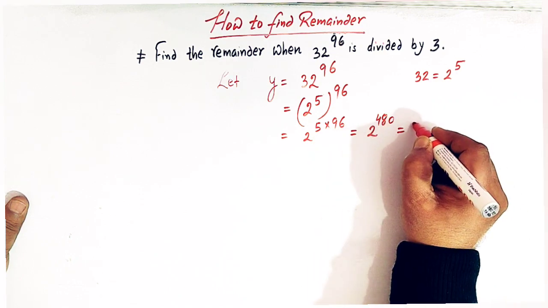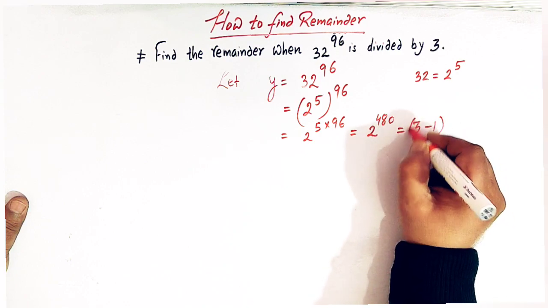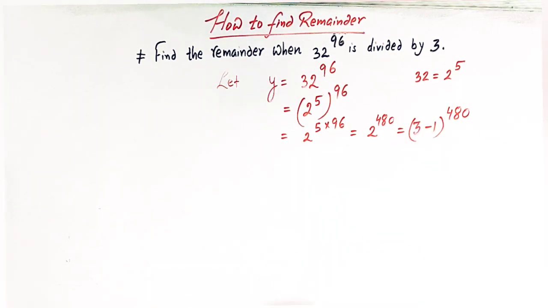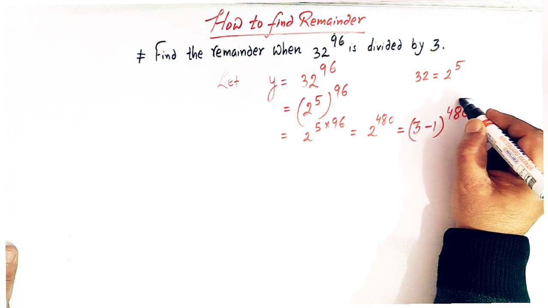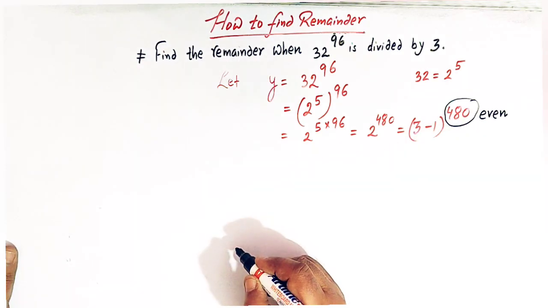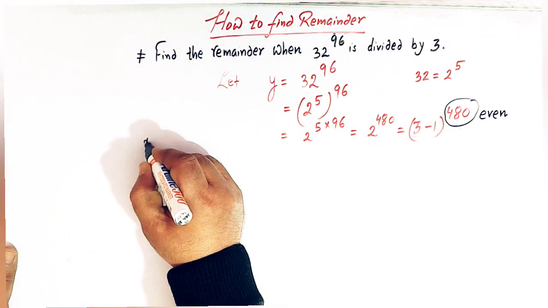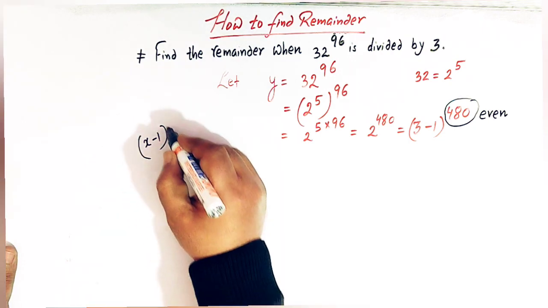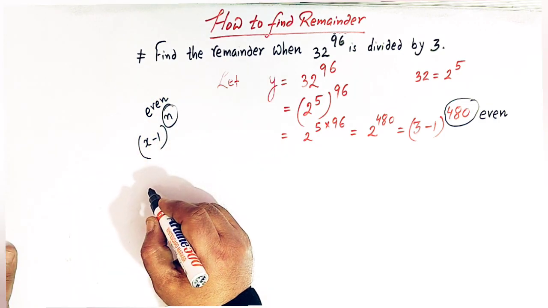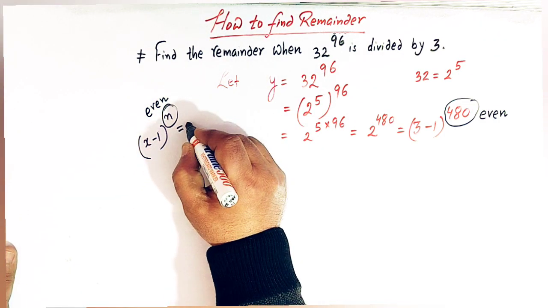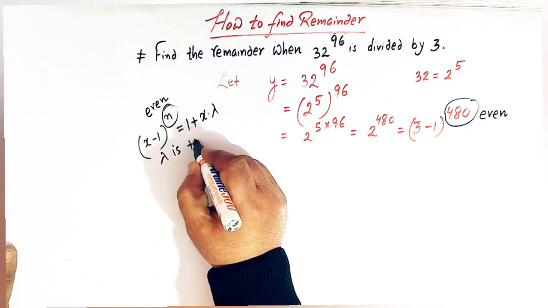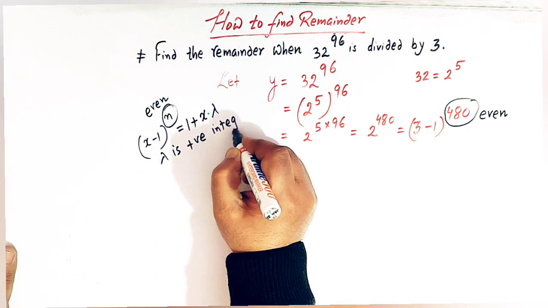Now this 2 can be written as 3 minus 1, and here we have 480. So now here we see that this 480 is an even positive integer. So we'll make use of this result, that is, if we have x minus 1 raised to n, and this n is an even integer, then x minus 1 raised to n can be written as 1 plus x times lambda, where lambda is some positive integer, right?